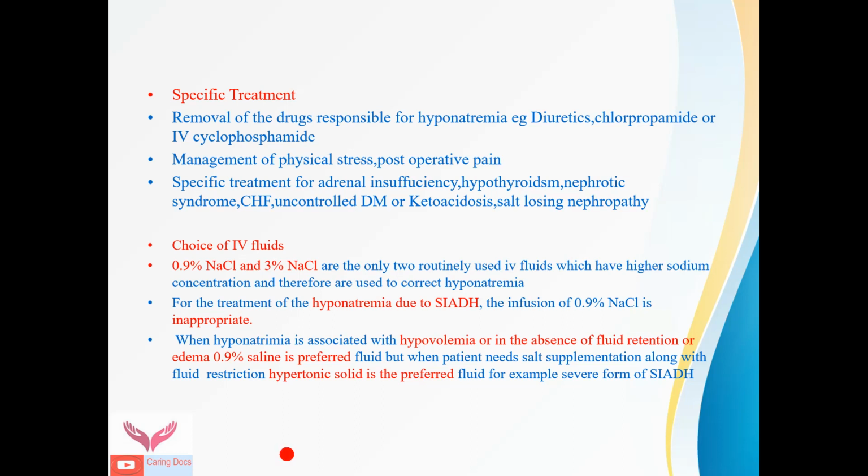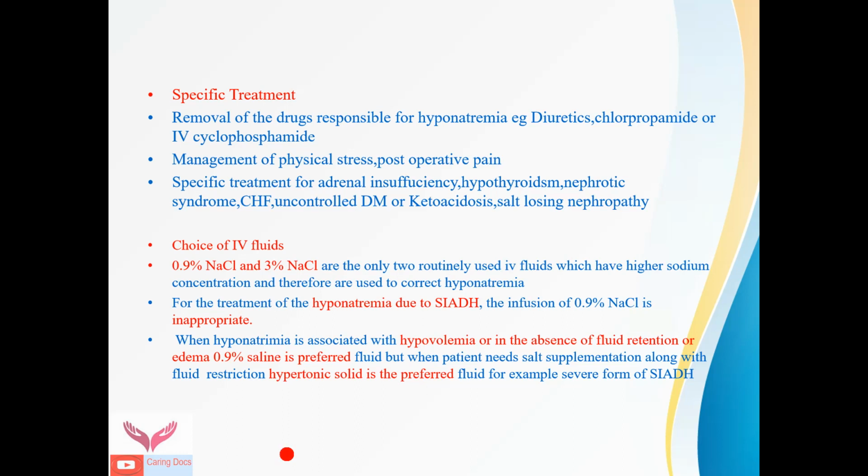The choice of IV fluid is 0.9% sodium chloride and 3% sodium chloride. These two are routinely used, and they have higher sodium concentration. They are used to treat hyponatremia. In patients with SIADH, the infusion of 0.9% sodium chloride is not appropriate.